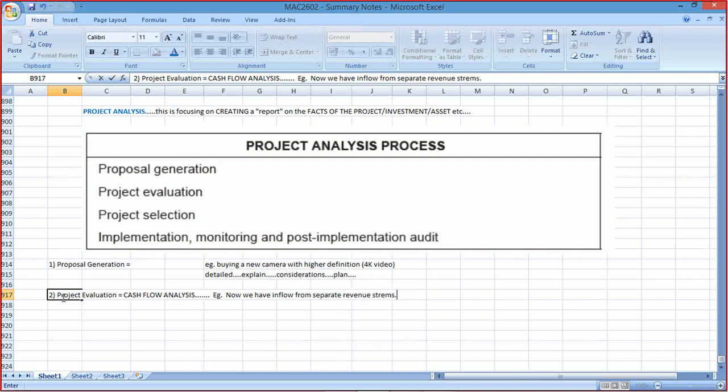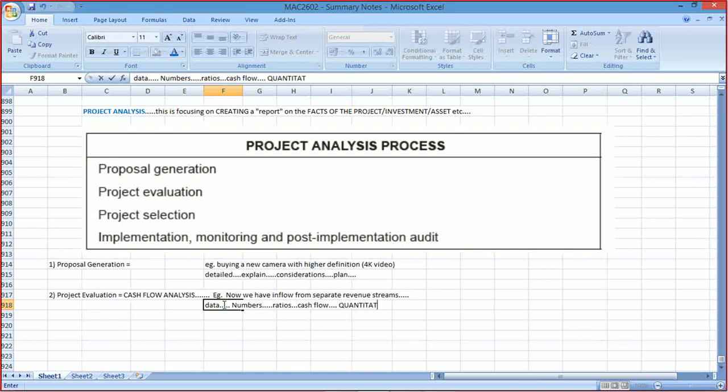Now we're going to do 4K videos, and we're going to offer that as a product, or a service rather, for our customers, our clients. So the evaluation is going to be looking at the data. The number crunching, the ratios, the cash flow. It's going to be looking at all the number part, the quantitative.